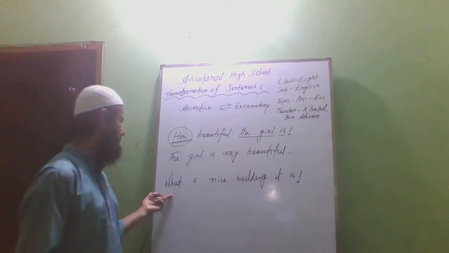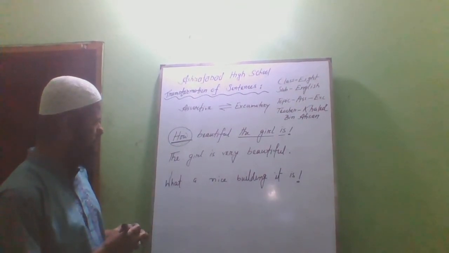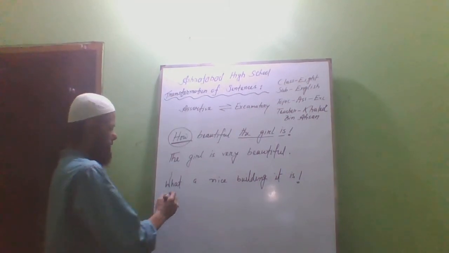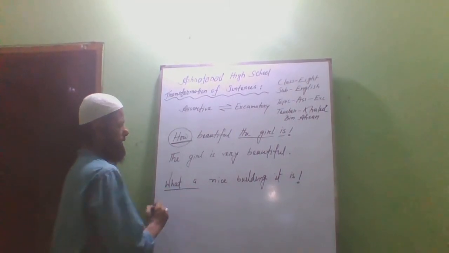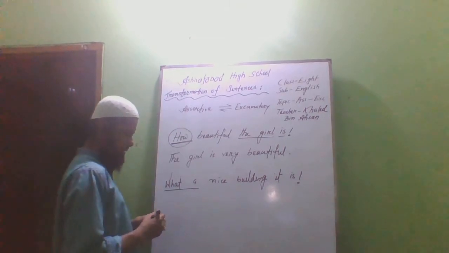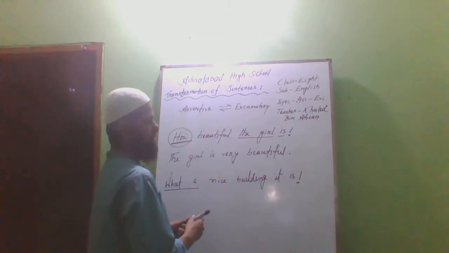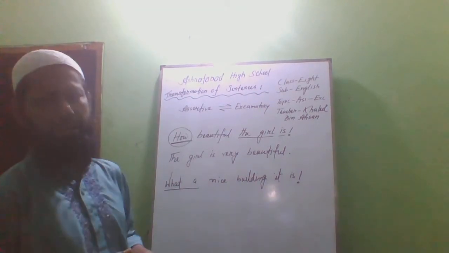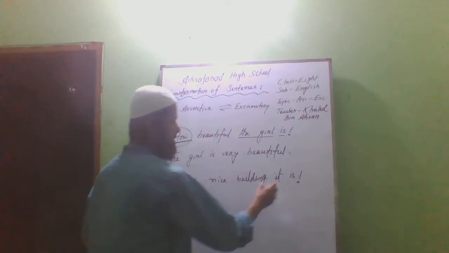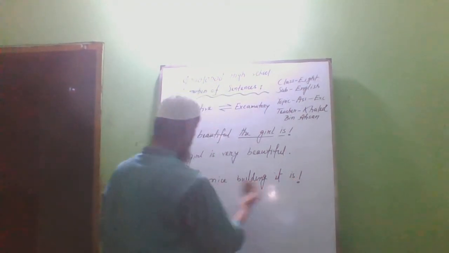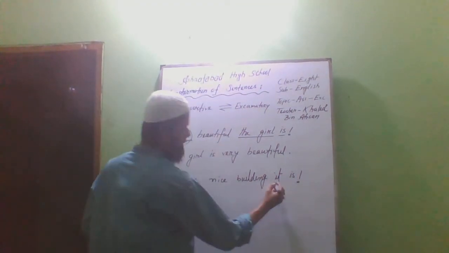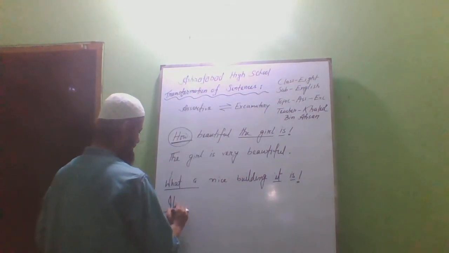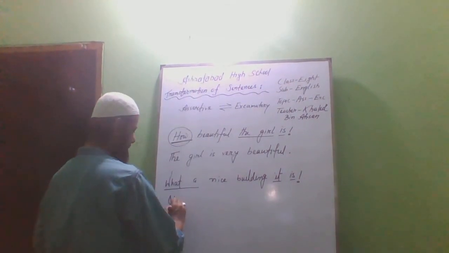Dear students, this is another exclamatory sentence, and we notice that here we found what, and I told you earlier that if we want to change any exclamatory sentence into assertive one, we must take the subject and verb at the very beginning of the sentence. Here we find the subject it and the verb is. So we will take them at the very beginning of the sentence.